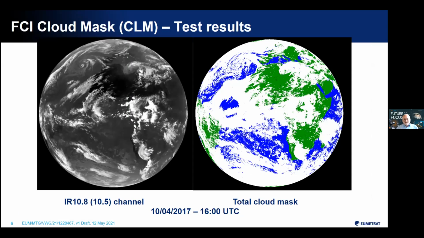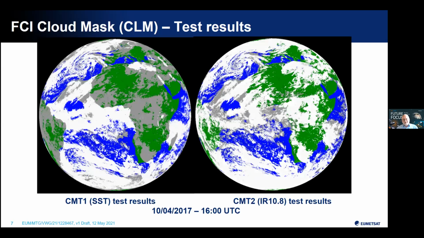Here's a nice example. We have at the left side the measurement for MSG SEVIRI, the infrared window channel, and on the right side the corresponding total cloud mask. And we have examples for different tests.